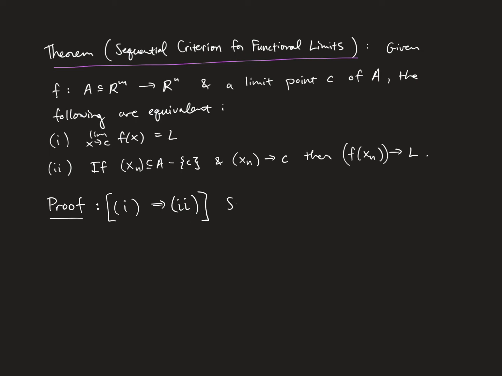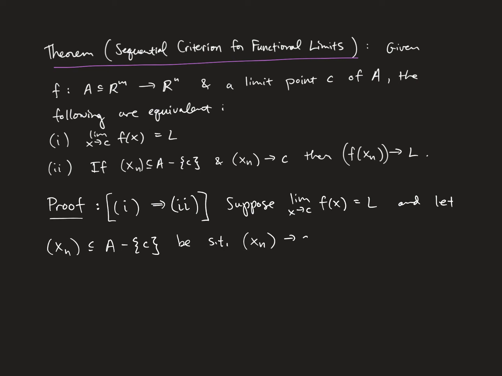So suppose that the limit as x goes to c of f of x equals L, and let xn, taken from A but never equal to c, be such that xn goes to c. What we have to do is show that the f of xn's go to L.